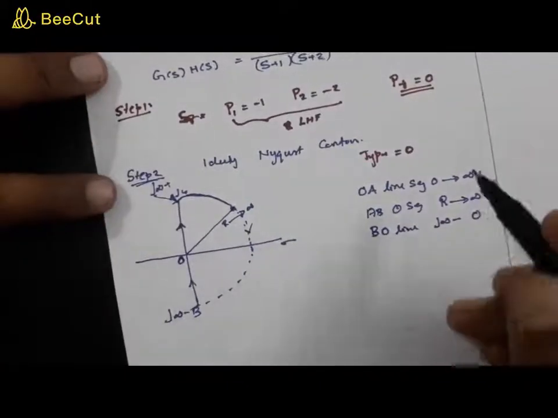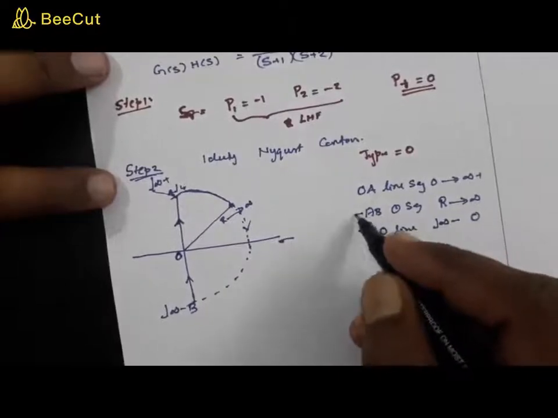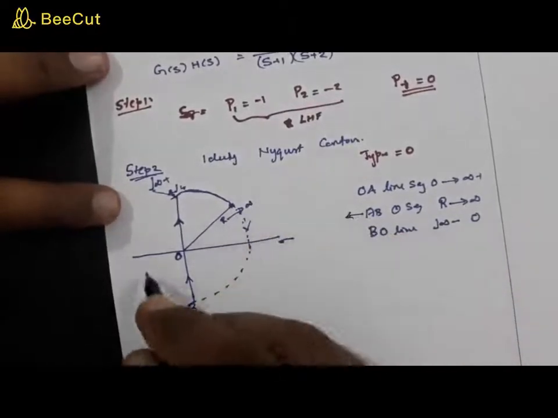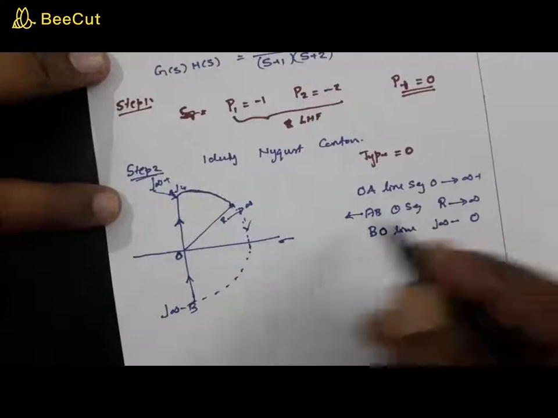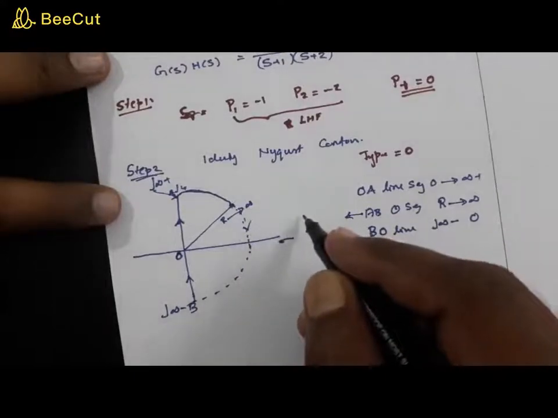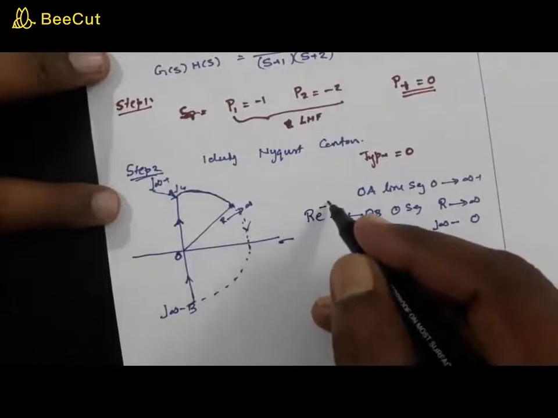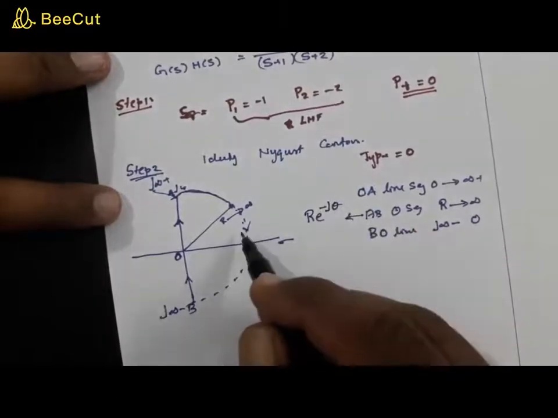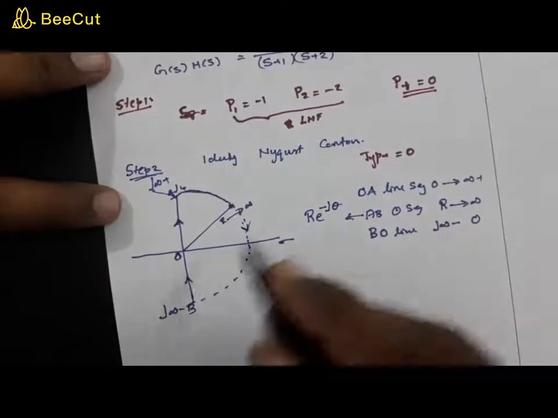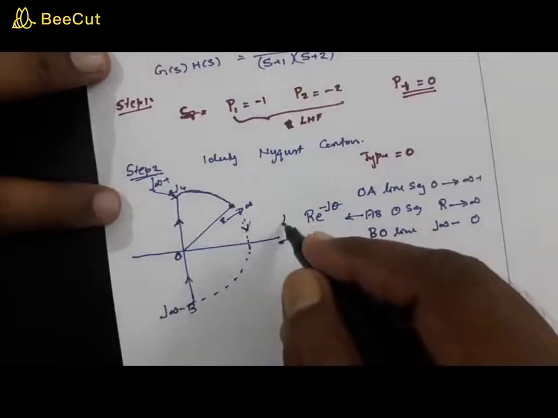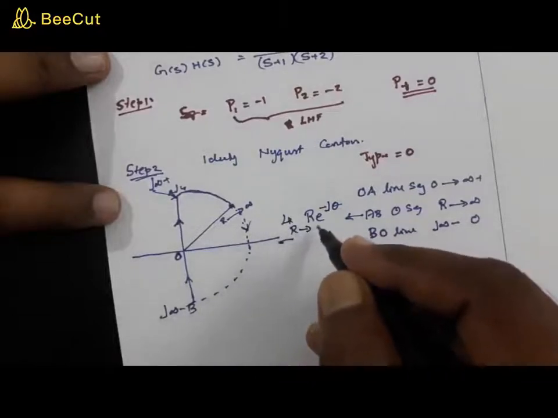Note that the circular segment has a direction, and you may represent that circle as r e raised to minus j theta. Why minus? Because this is in the anti-clockwise direction. So this is the circle as the limit r tends to infinity.